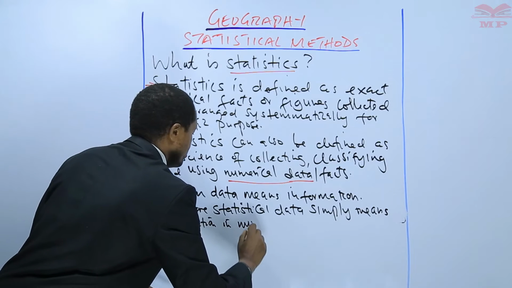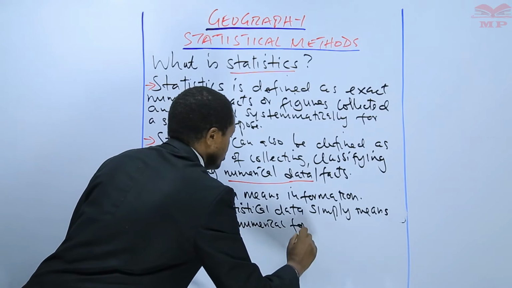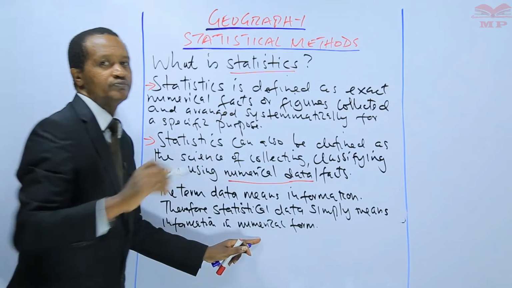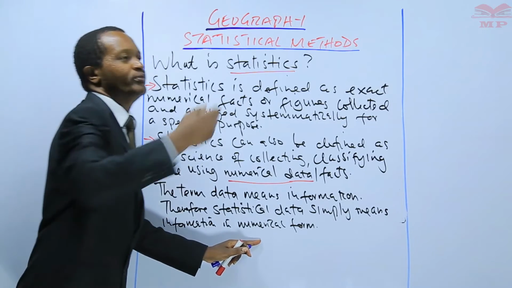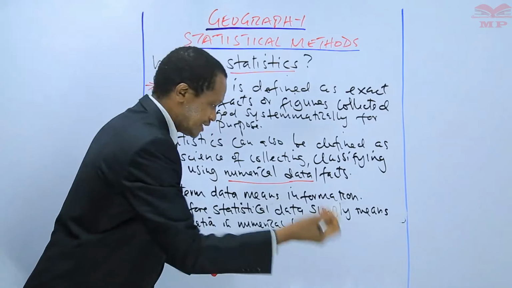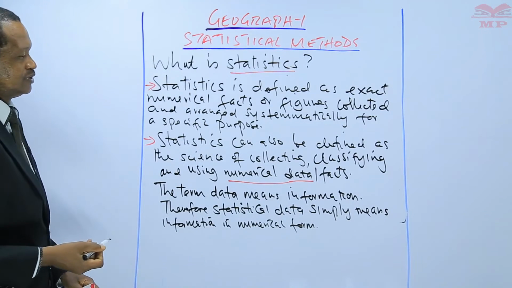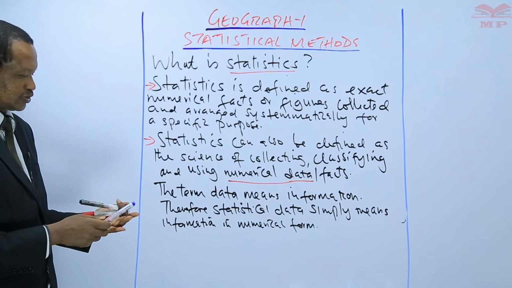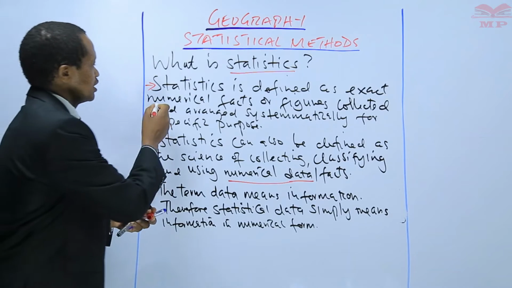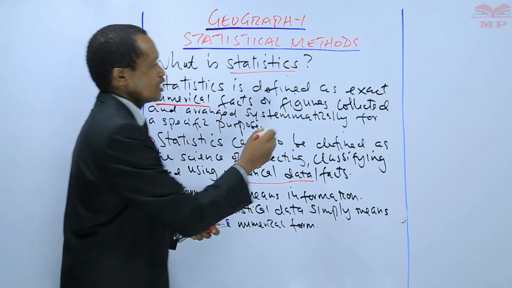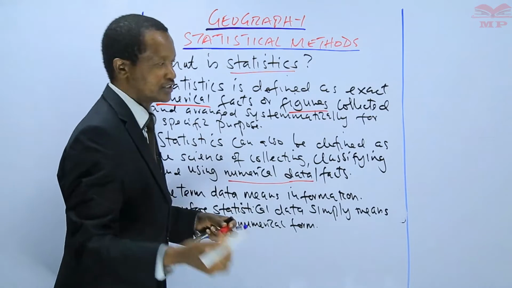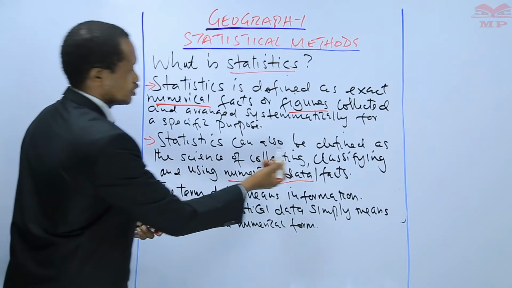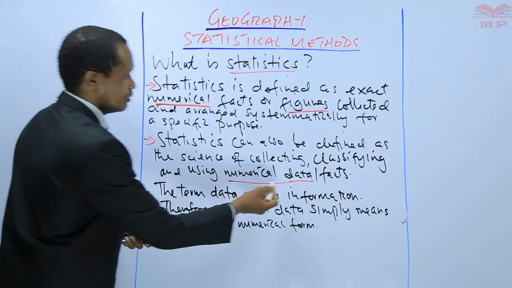Numerical means numbers. Information in numerical form. That is information in form of numbers, learners. That's why we talked of numerical facts. We are just talking about numbers, numerical facts. We are talking about figures. Learners, you know figures. These are just numbers, right? Statistics can also be defined as the science of collecting numerical data.